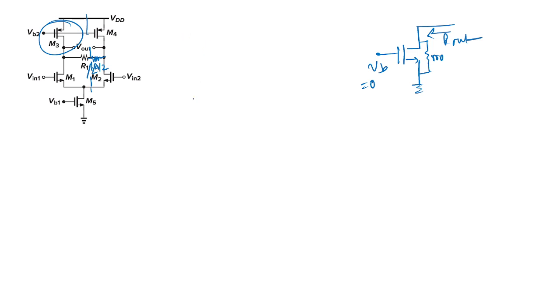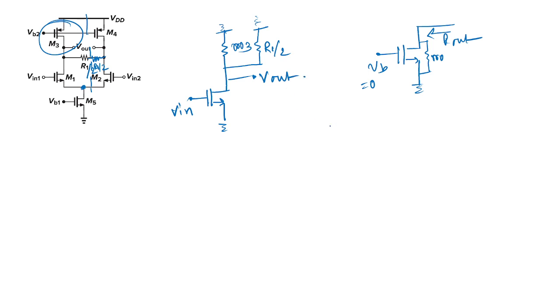So the circuit becomes like this: this is the ground, and this point is AC ground as I already told, and this M3 can be replaced by the resistance RO3, and this can be divided into the series connection of 2R1 by 2. So this is my final circuit. This is V in and this is V out.